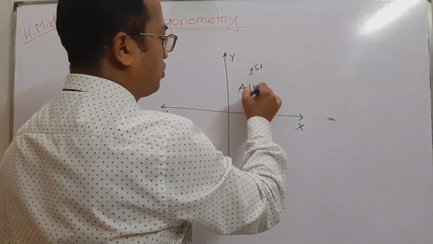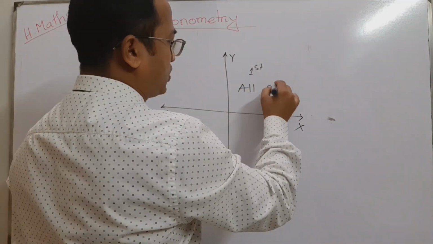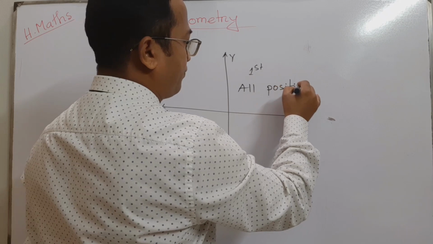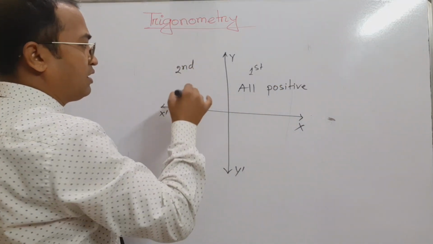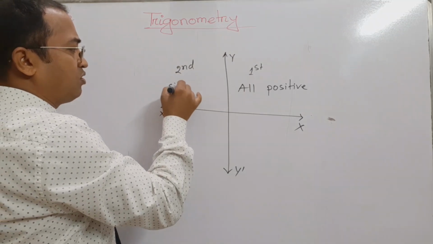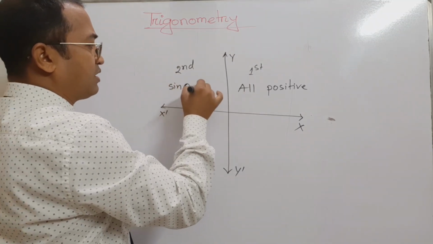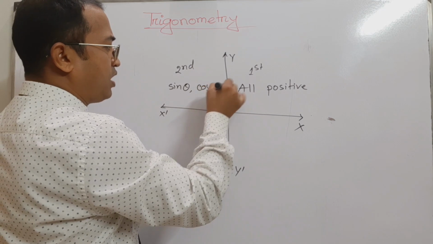So we will write all positive. But in the second quadrant, only sine and the reciprocal of sine, that is cosec, are positive.